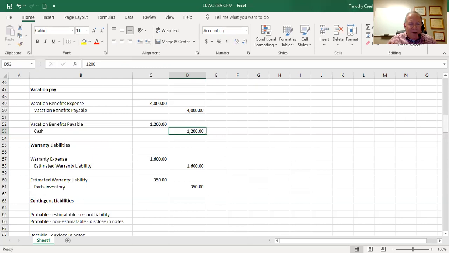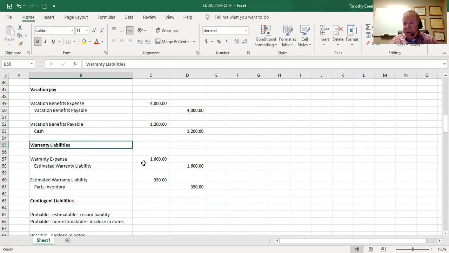So another one is warranties. A warranty is whenever a seller guarantees a product, and if that product breaks, they fix it during the warranty period. So what companies do is, whenever they offer a warranty with their product, they estimate how much the cost to them is going to be.